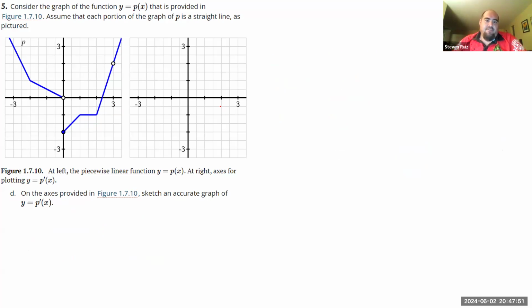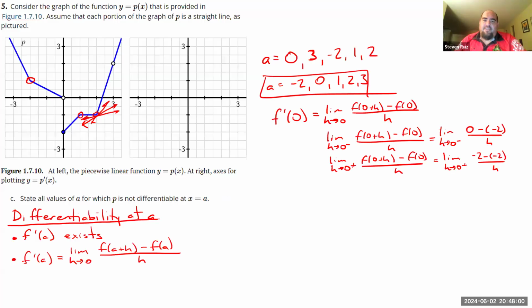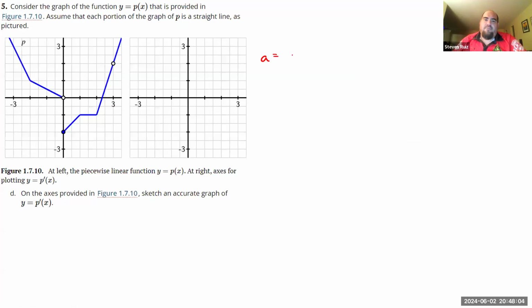So let's do this. Let's make sure we know all the places where this derivative can't exist. So that's x equals -2, 0, 1, 2, 3. So at those values of x, we can't possibly have derivatives.